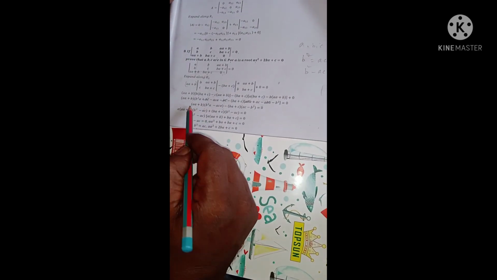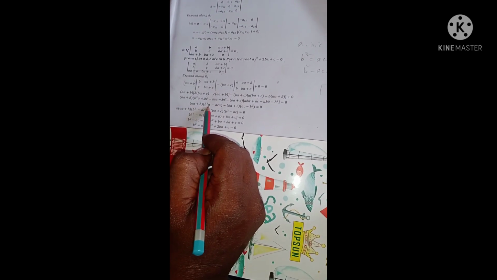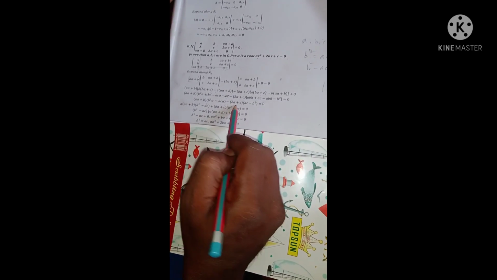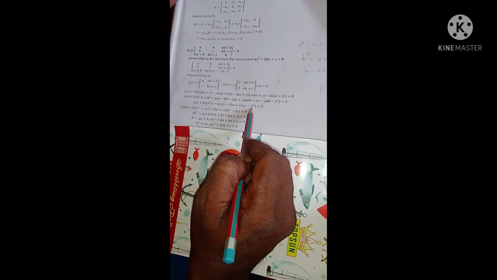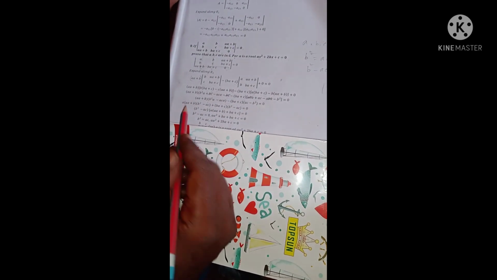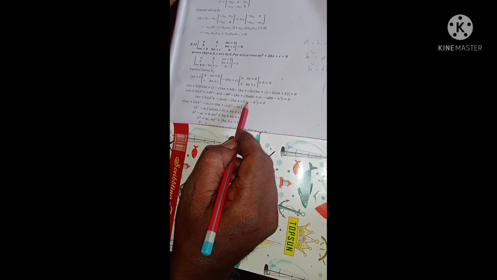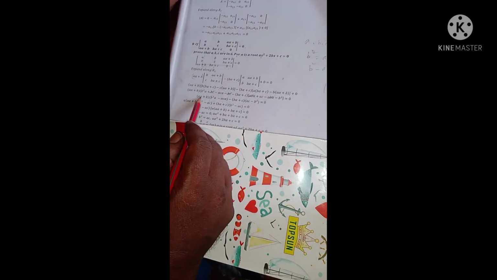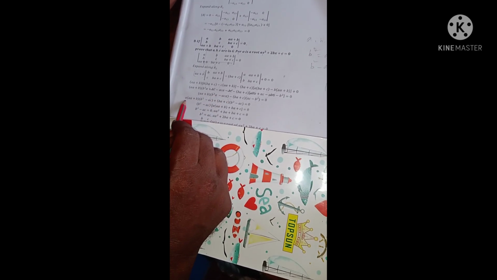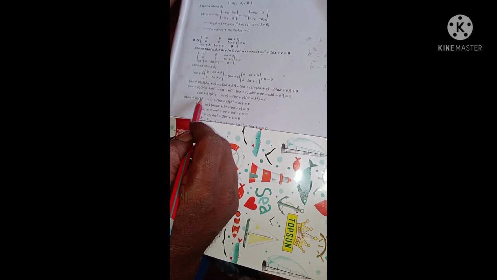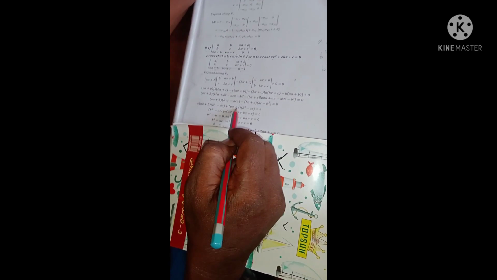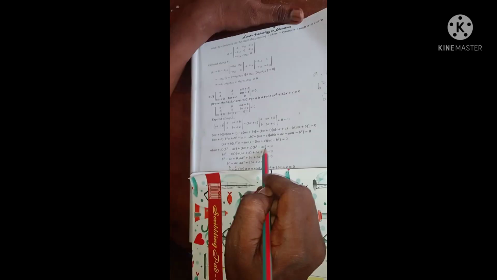So finally we get a alpha plus b, b² alpha minus ac alpha, minus b alpha plus c, ac minus b². Next, both terms have alpha, so we can take out the alpha. Then a alpha plus b times b² minus ac, and b alpha plus c times b² minus ac.